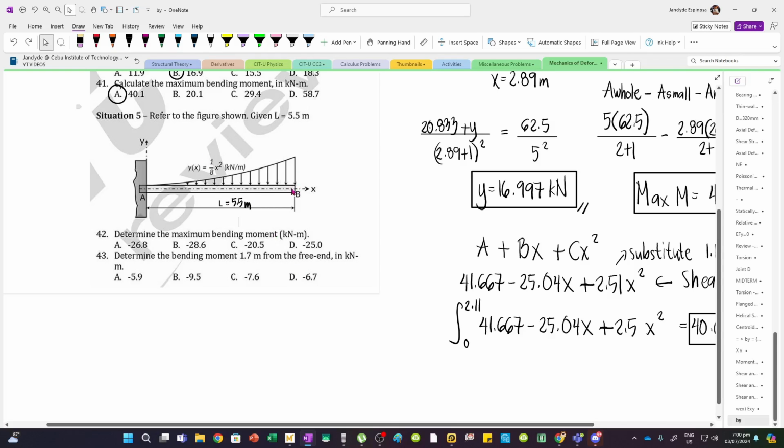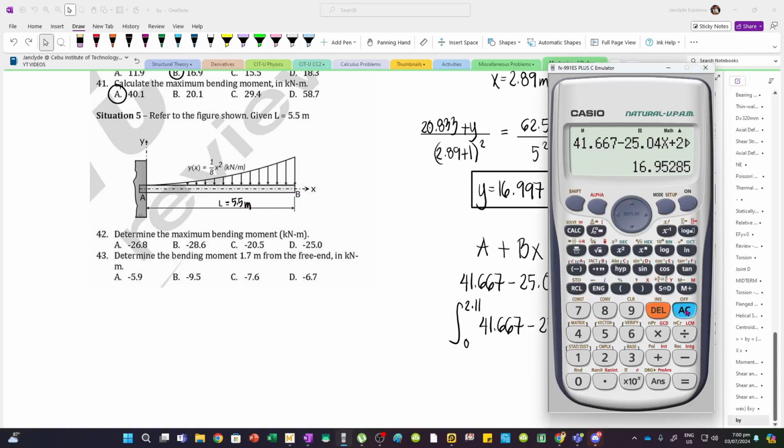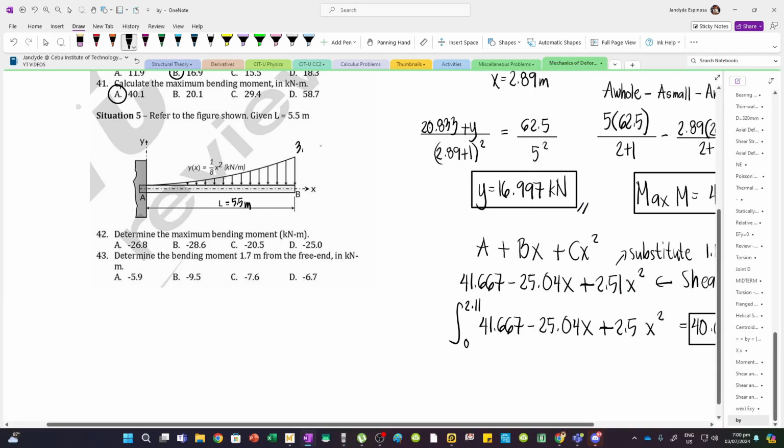So this is at x equals 5.5. We have 1 over 8 times 5.5 squared. So this height is going to be 3.78125. And this function is to the second degree.